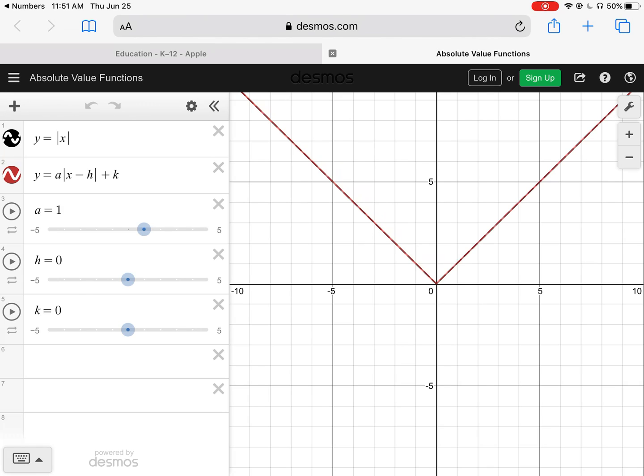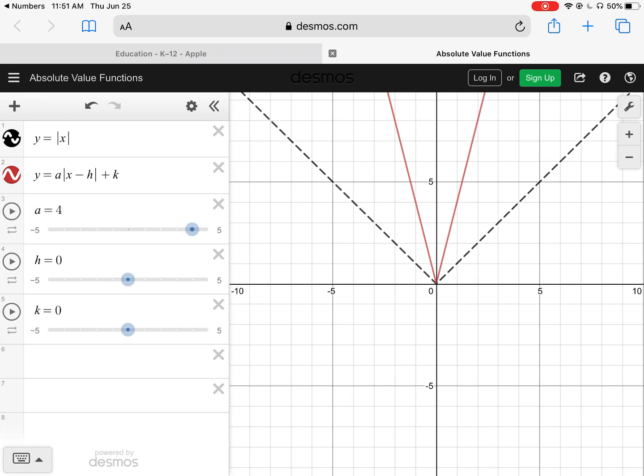Now let's explore changing the value of a. As a gets larger, notice how the red curve is getting, we'll call it skinnier or narrower. It's like the slopes of each half of the lines that make up the V are increasing as a gets bigger.